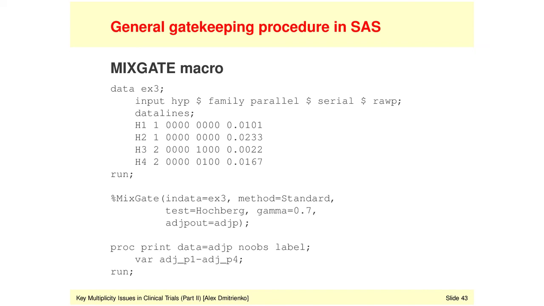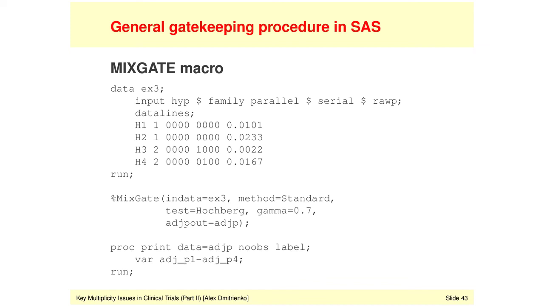We see here that the gamma parameter is set to 0.7, which means that the first family procedure will be truncated with the truncation parameter of 0.7, and automatically the gamma parameter in the second family is going to be set to 1, which implies immediately that the regular Hogberg procedure will be applied within the second family.